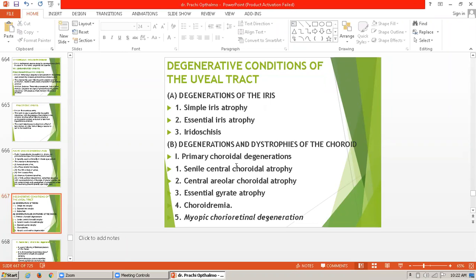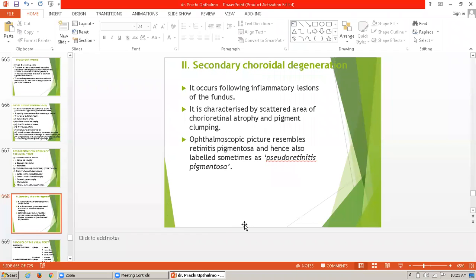Then senile central choroidal atrophy. Second is the central areolar choroidal atrophy. Third is the essential gyrate atrophy. And choroideremia. And fifth one is a myopic choroidoretinal degeneration.